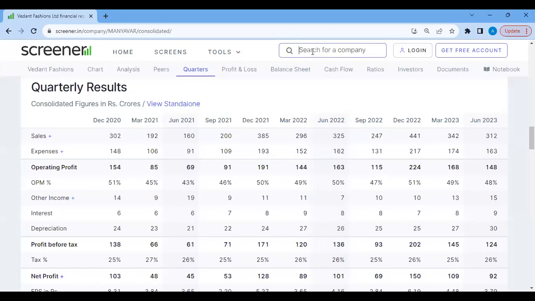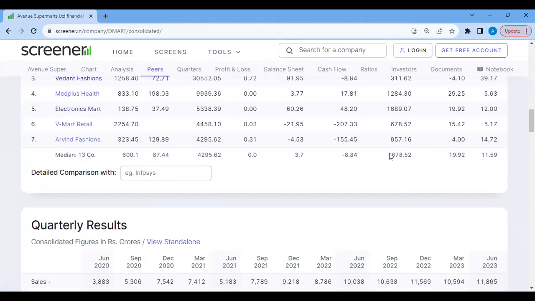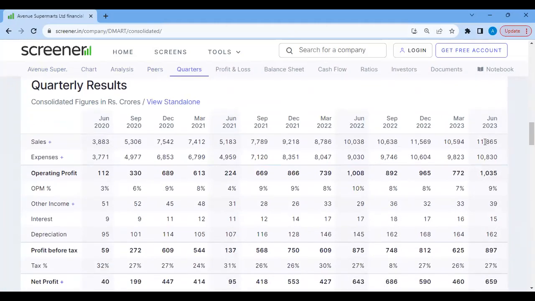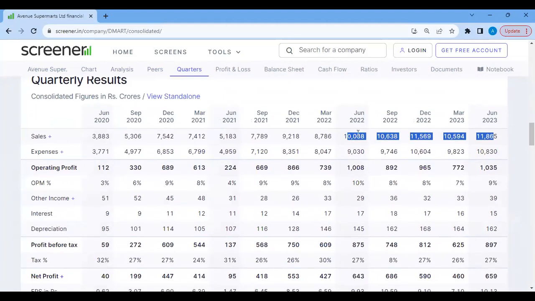Now let us look at another company called DMart, right? Can we see that for DMart, the sales are largely stable? The sales are not changing by the quarter in which the company is operating. So can we see that DMart is a very stable, evergreen kind of business? There is no seasonality involved.